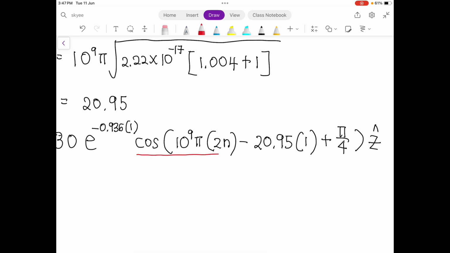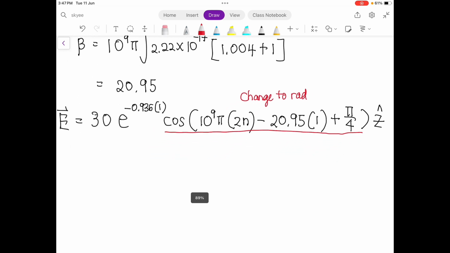For this term, when you press it, you must make sure that your calculator is in the radian mode.